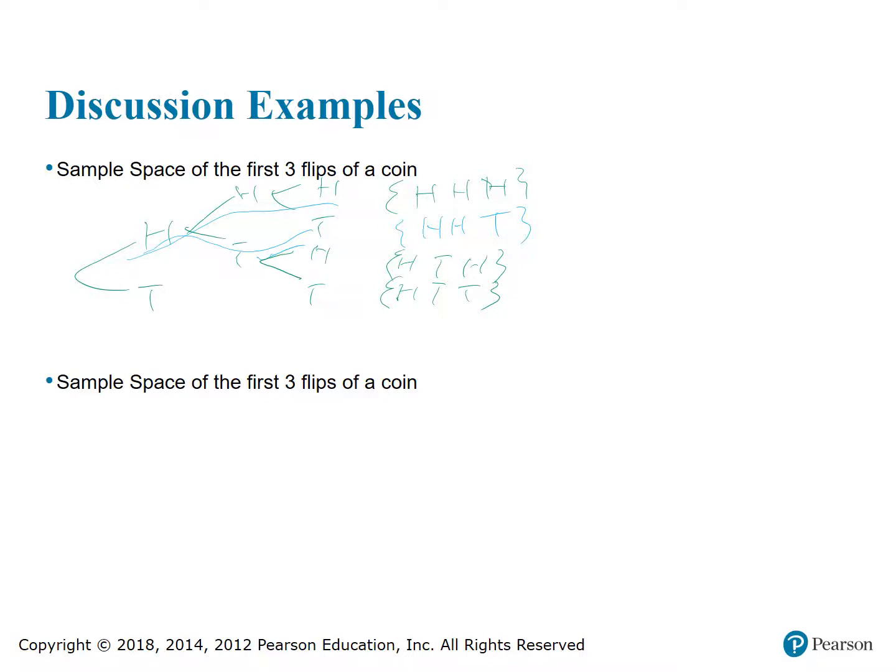Then over here, we can branch it out again, but we realize it's just going to be repeated with tails in the front. And so over here it becomes tails, heads, heads, tails, heads, tails, tails, tails, heads, and then tails, tails, tails.